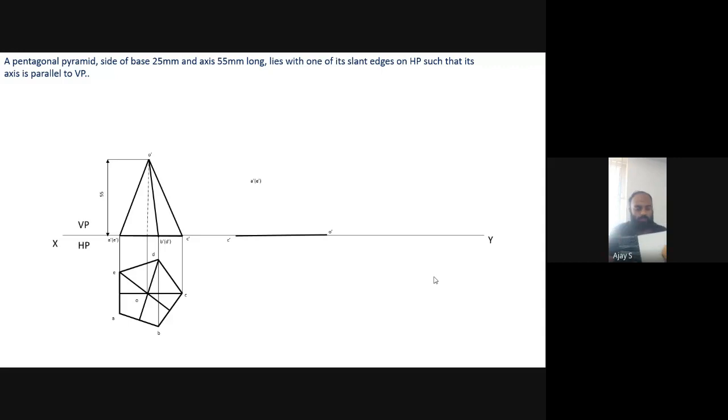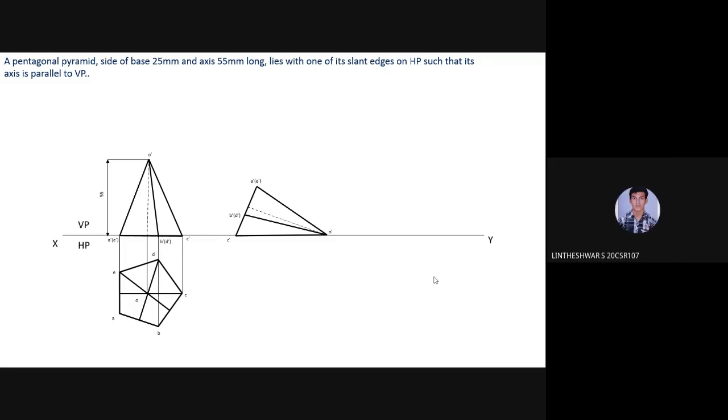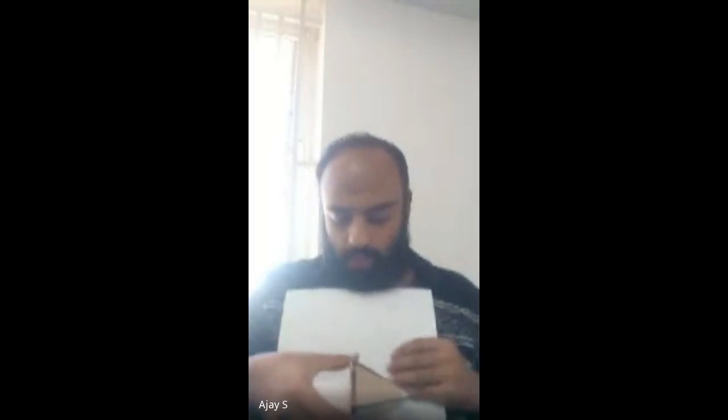So that position will be this. Is it right? So for the last position, how will the top view look?